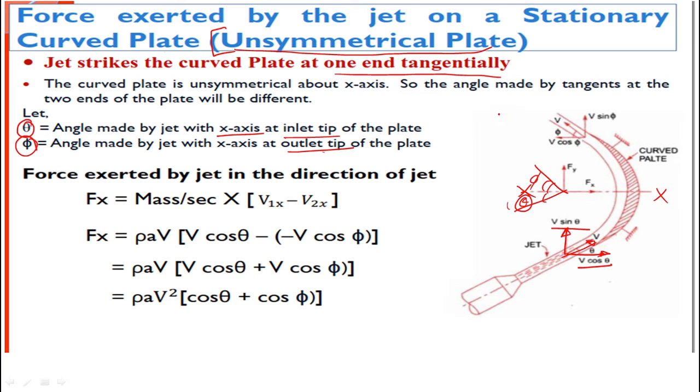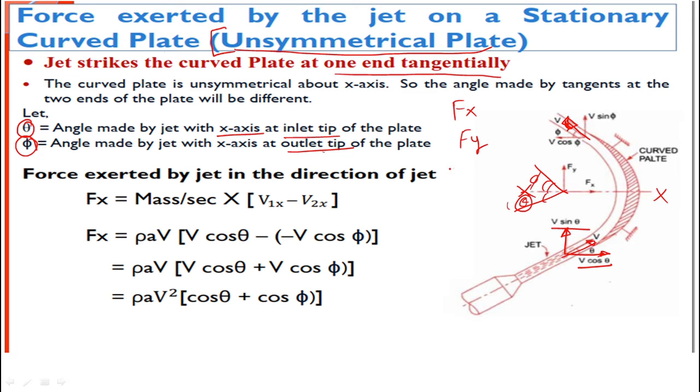Here also we are going to calculate the force in the x direction and the force in the y direction. Similar to the inlet, we take the two components of the outlet velocity.